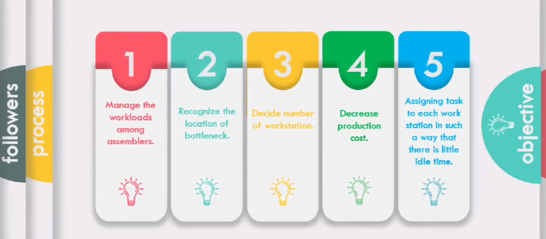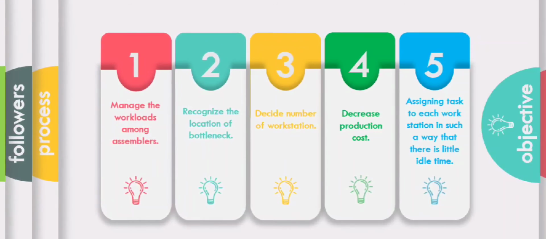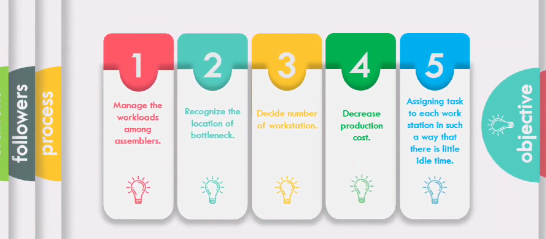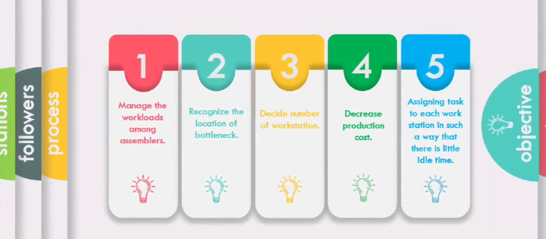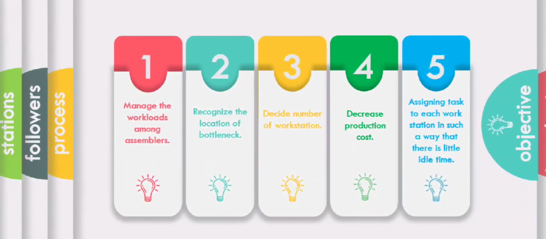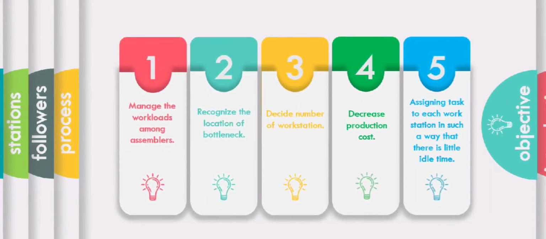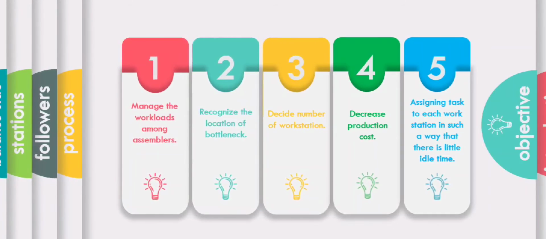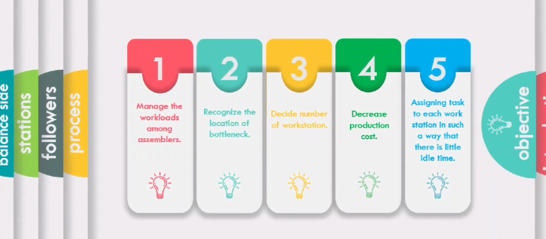And lastly, number 5, assigning tasks to each workstation in such a way that there is little idle time. So the main objective of line balancing is to equalize the workloads among the operators. It also includes the reduction of the production cost, determining the labor cost of production, and establishing the percentage workload of each operator.